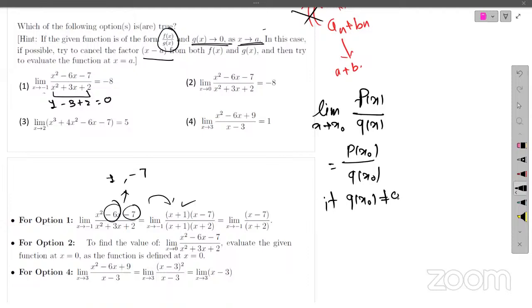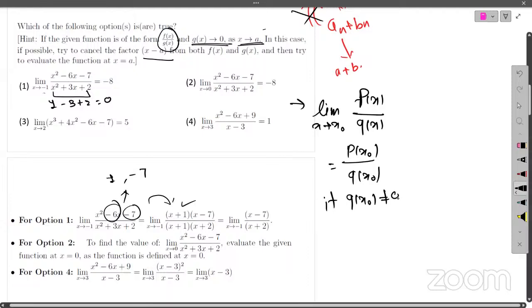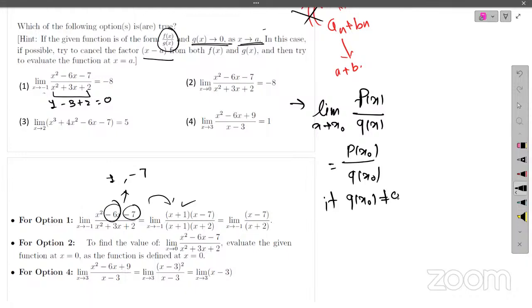You can say that if we have a limit where x goes to x naught of P of x upon Q of x, where P and Q are polynomials, and Q is not becoming 0 at the point x naught, then this limit is equal to P of x naught upon Q of x naught. Why does this happen?